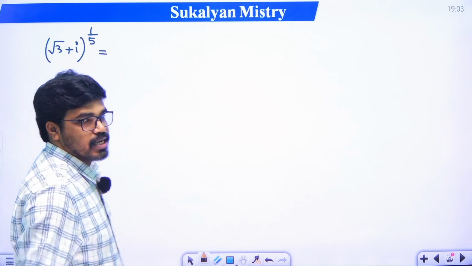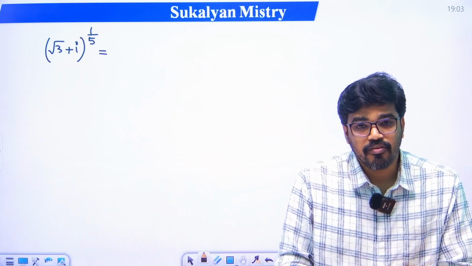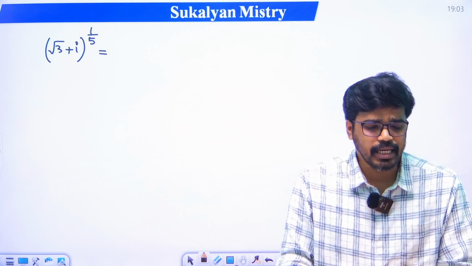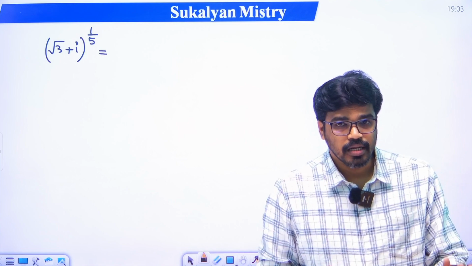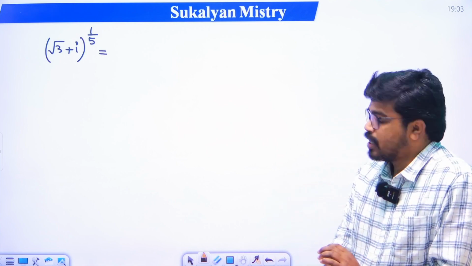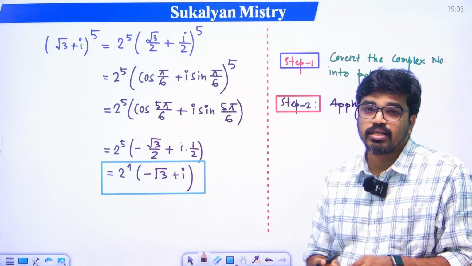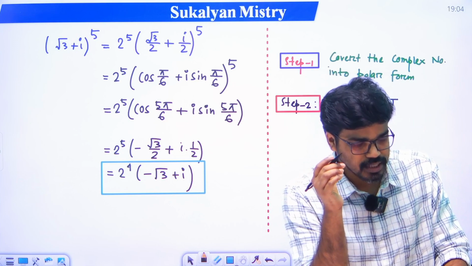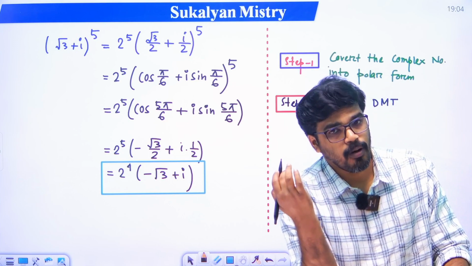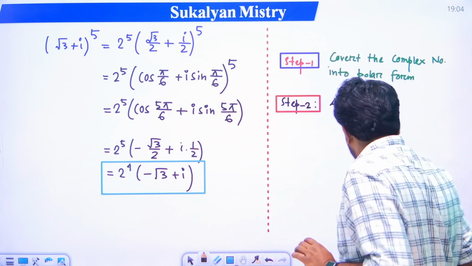You see here, n is a fraction, right? So first step, step 1, we have to convert the complex number into polar form, right?